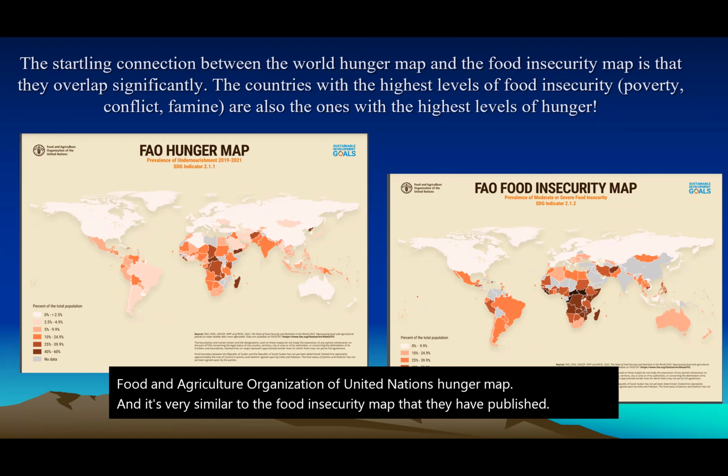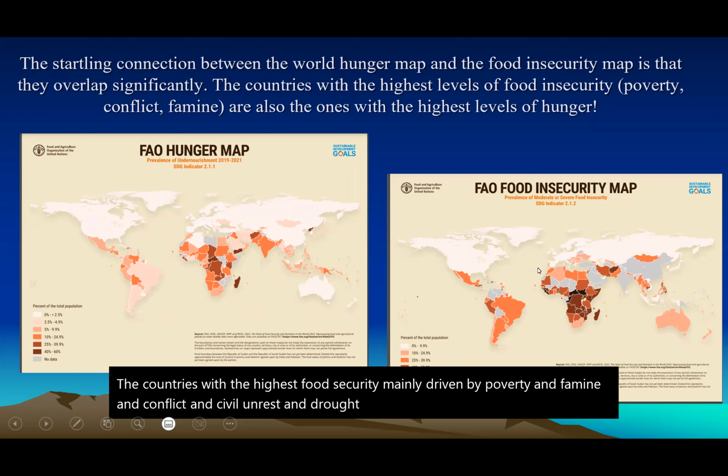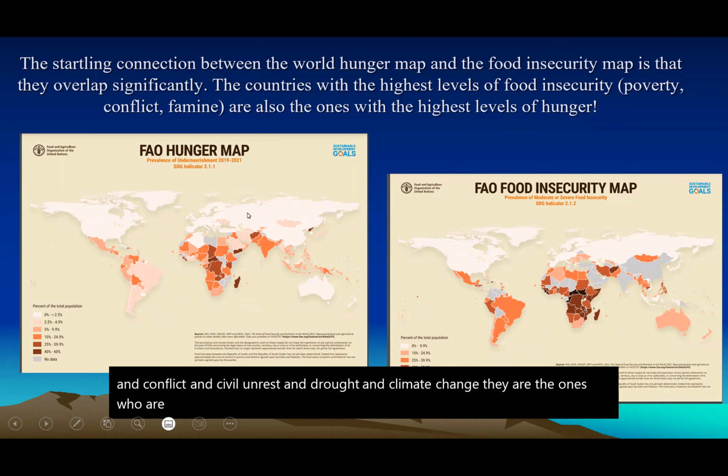The countries with the highest food insecurity, mainly driven by poverty and famine and conflict and civil unrest and drought and climate change, are also the ones experiencing hunger. These statistics make everyone sad.